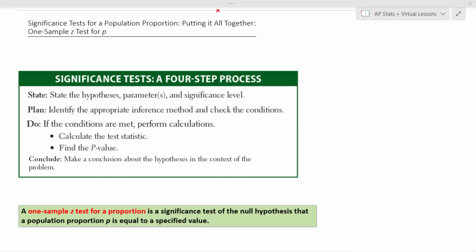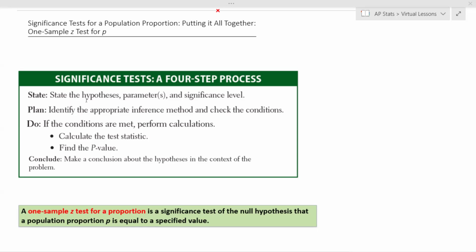Now, we're going to use the same four-step process that we've been using to organize our work. So state, plan, do, and conclude are the four steps. You want to state the hypothesis and parameters and significance level at the setup. In your plan step, you want to identify the appropriate inference method that you're going to be using and check the conditions.